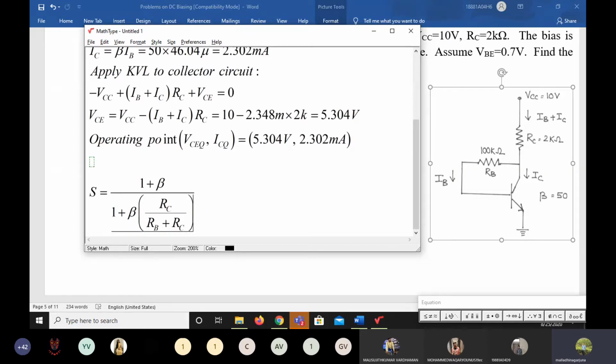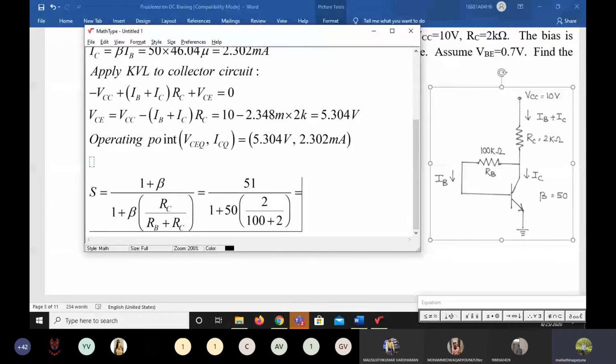When we derive the stability factor, this is the formula we get. So 1 plus beta is 51, divided by 1 plus 50, RC is 2K divided by RB is 100 plus 2. The 2K gets cancelled in the denominator and the numerator.